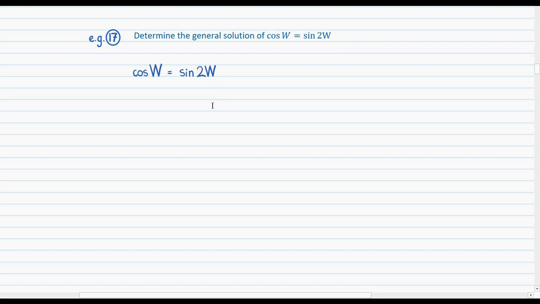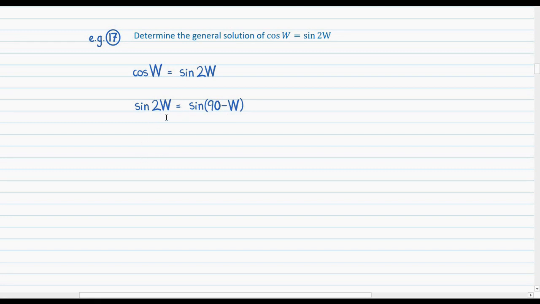So the idea is, make them both into the same function. You can do this by saying sine 2w is equal to sine of 90 minus w. And then at this stage, you can equate 2w to 90 minus w. But an important new aspect to keep in mind is that at this stage, essentially what's happening is you're sine inversing both sides.